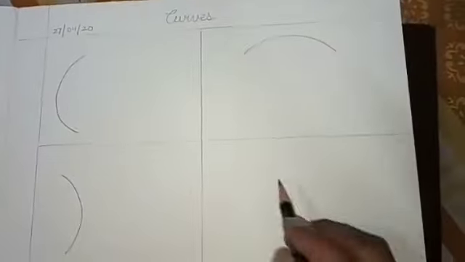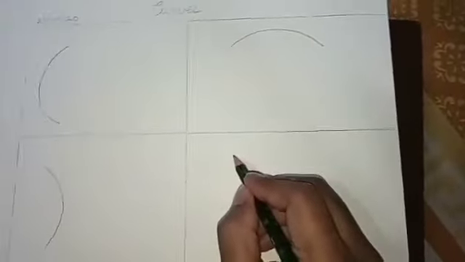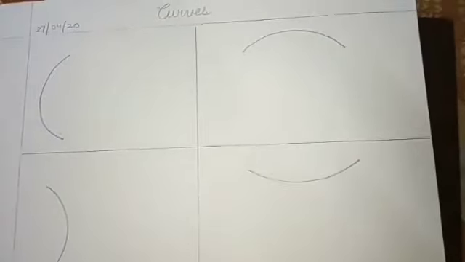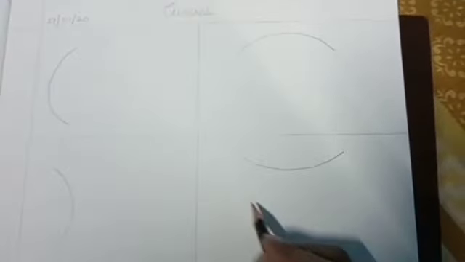Again, you have to repeat it here 2 more times. And last, like this. And repeat it 2 more times here. And at last, we'll mention page number here, that is 3.